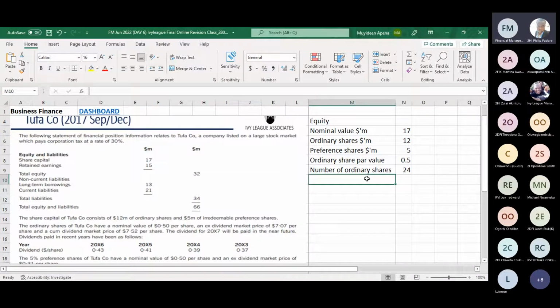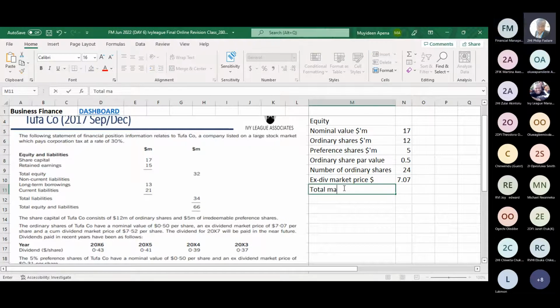And we are told that the ex-dividend market price is 7.07 per share, which means we can use this to calculate total market value. You agree with me?